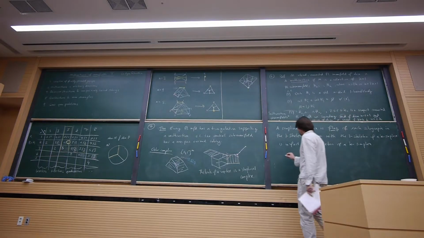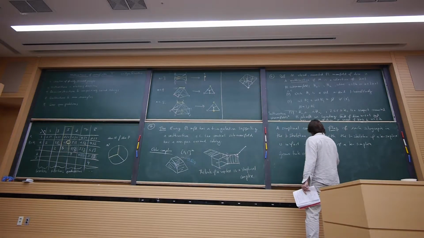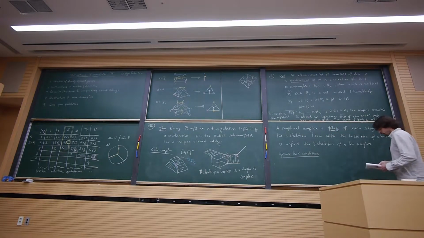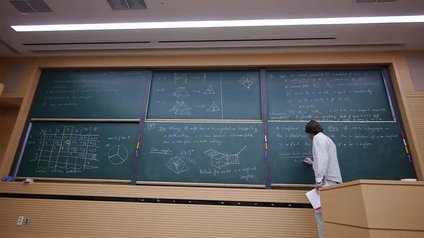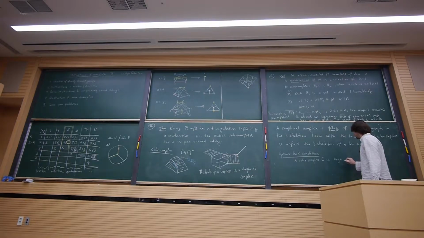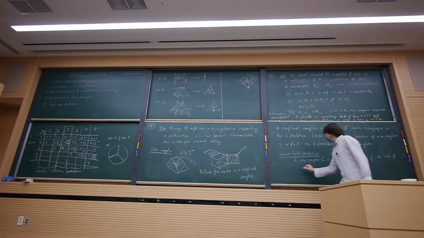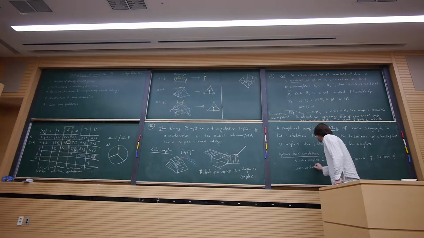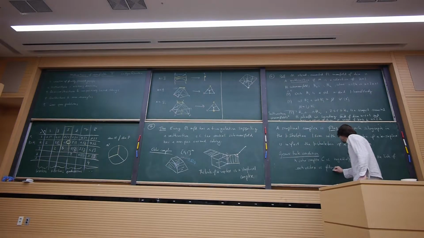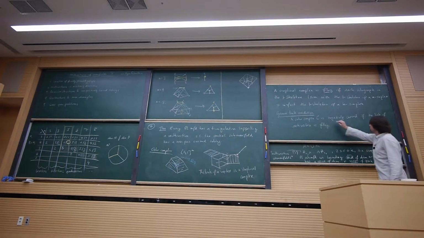So here's the Gromov link condition. The Gromov link condition says that the cube complex C is negatively curved if the link of each vertex is flag.